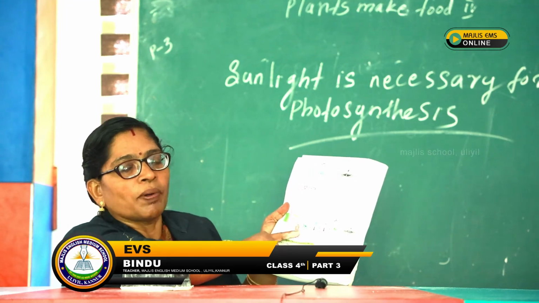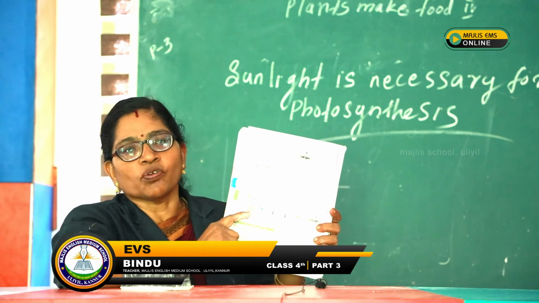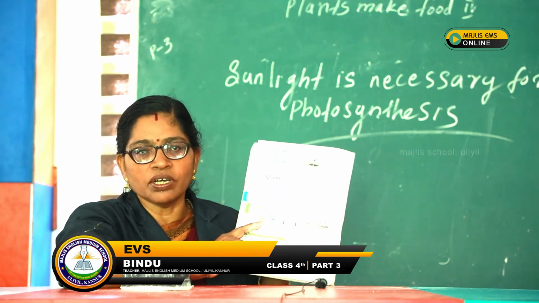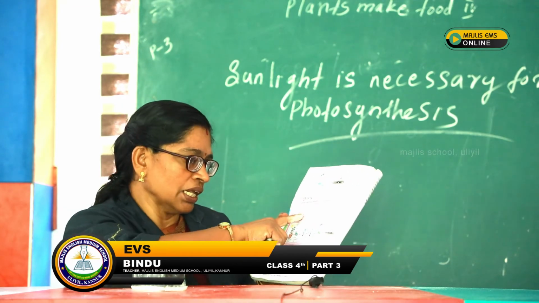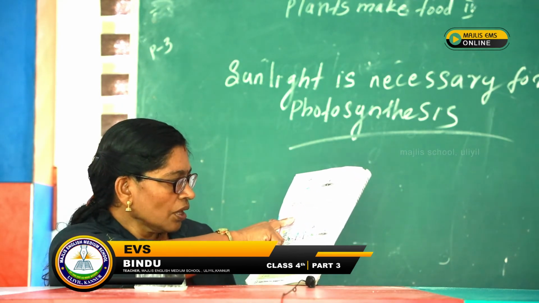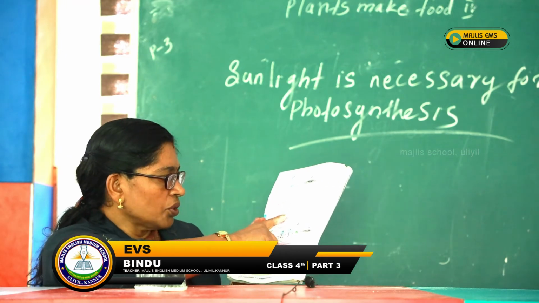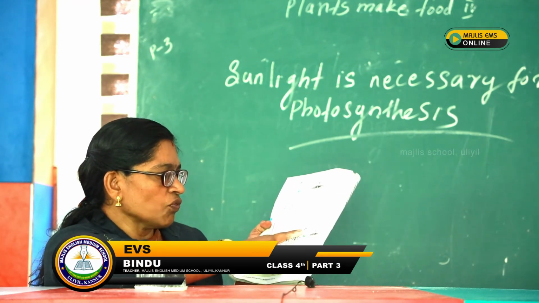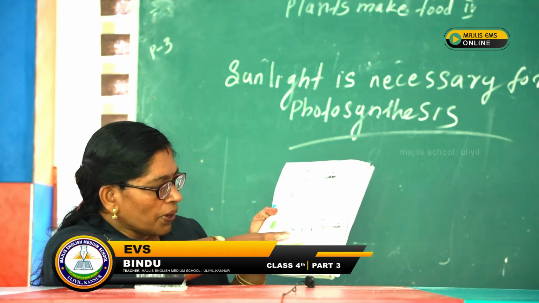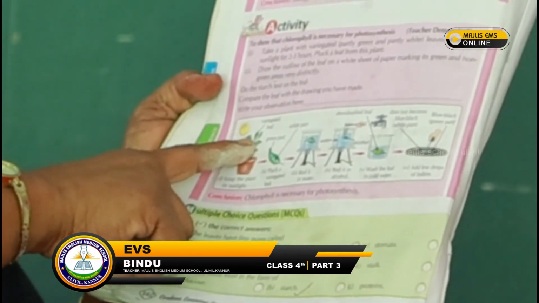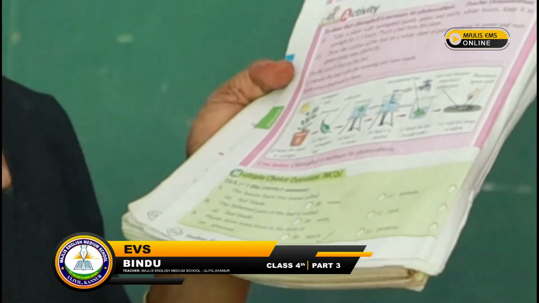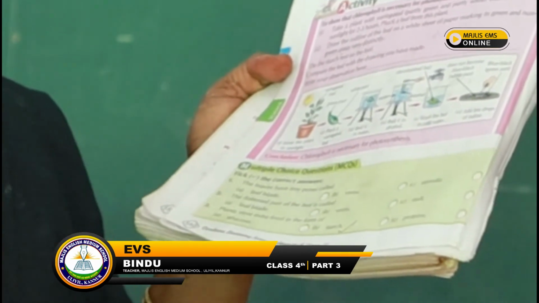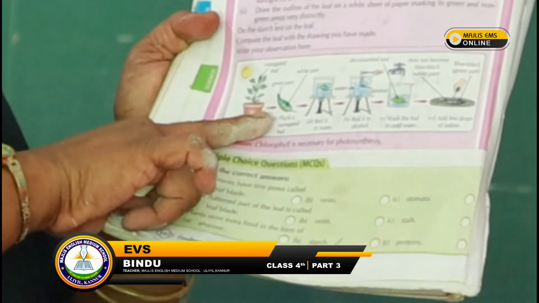Okay, and draw the outline of the leaf on a white sheet of paper. Then you pluck the leaf and put its outline on a white sheet of paper.